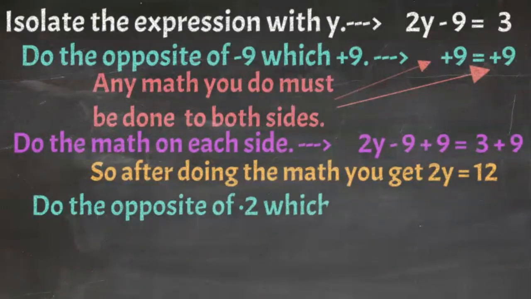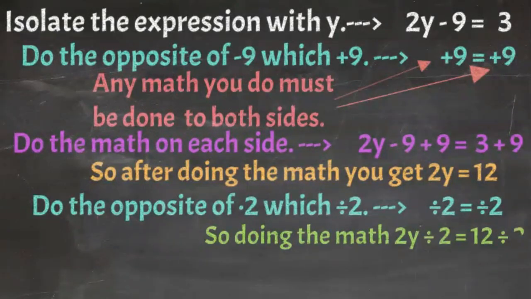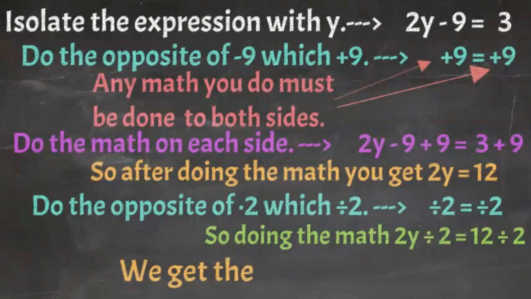Again, remember to do it to both sides. Doing the math, we get 2y divided by 2 is equal to 12 divided by 2. So we get the answer, y is equal to 6.